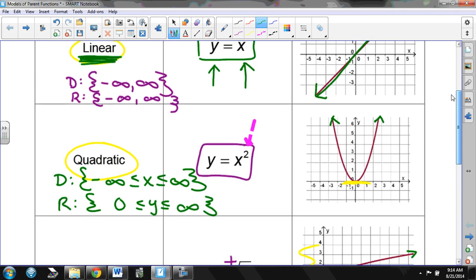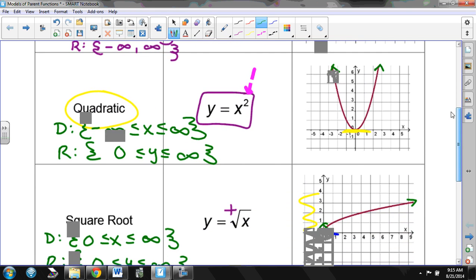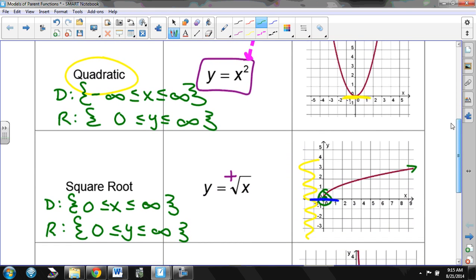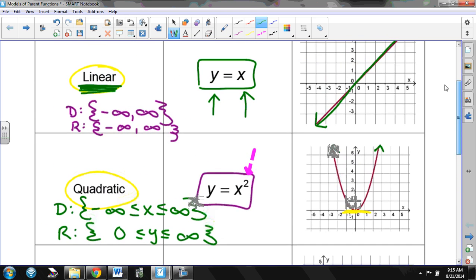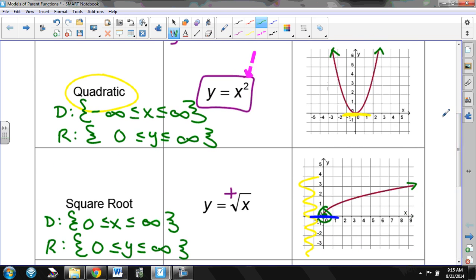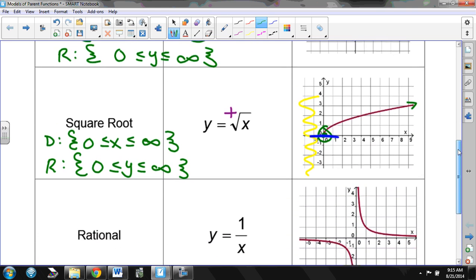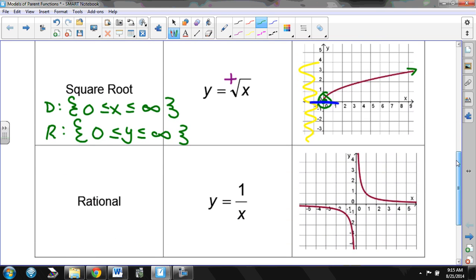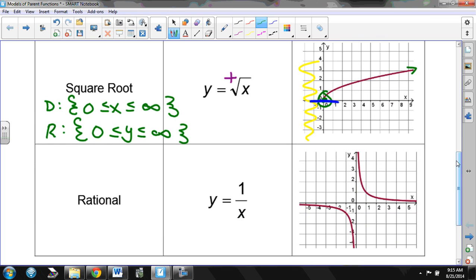If you look at domain and range, you're also going to notice the domain and range are different for each of these three parent functions. So the shape of the graph, the formula, and the domain and range are going to be different. And that will help you when you're trying to decide which shape a graph is on a homework assignment later on.